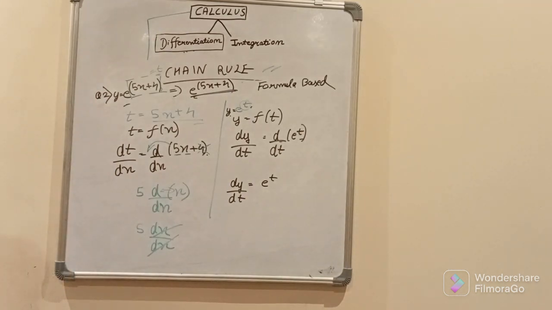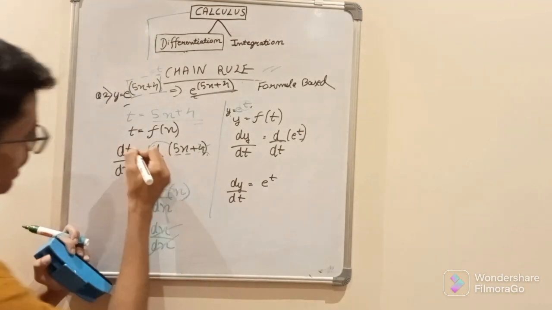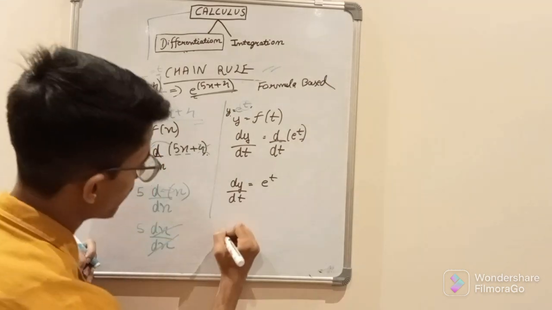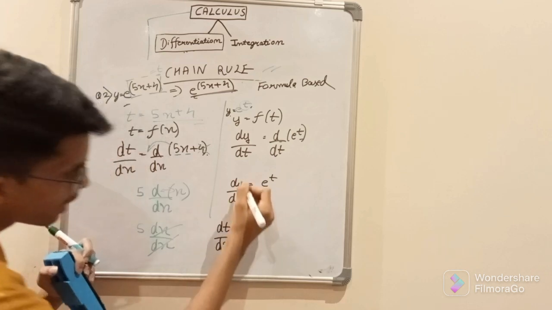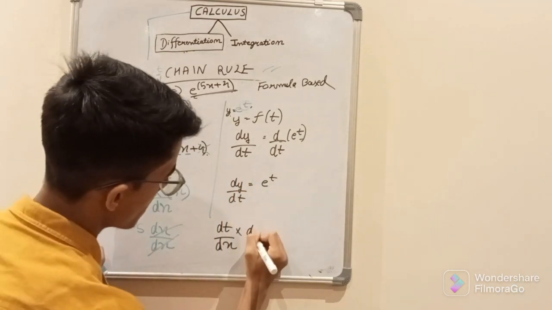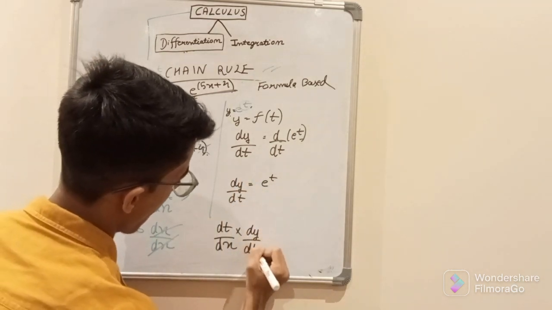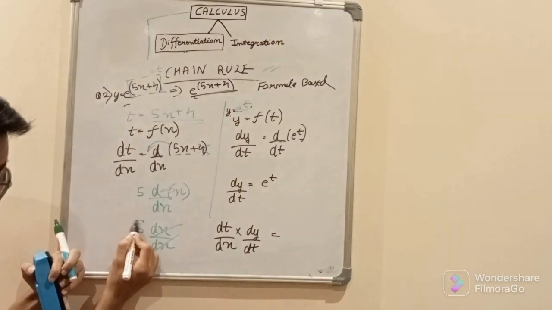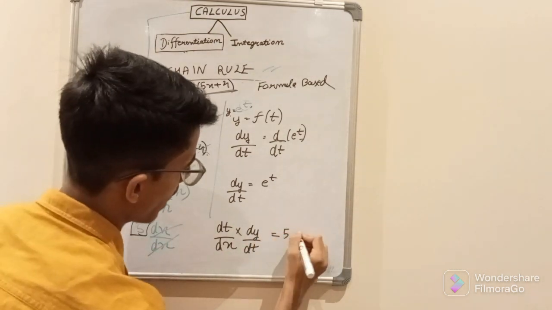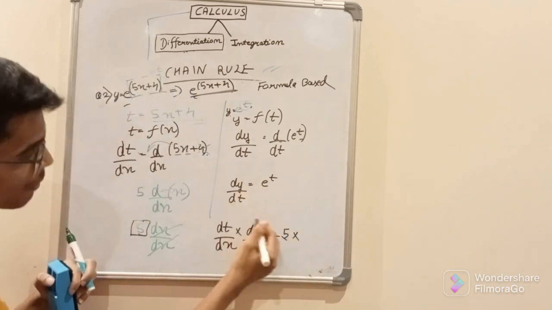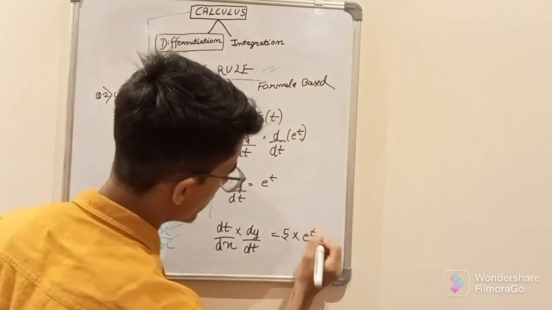So for a final equation we have dt upon dx multiplied by dy upon dt, that is equal to, the answer of dt upon dx was 5 into dy upon dt was e to the power t.